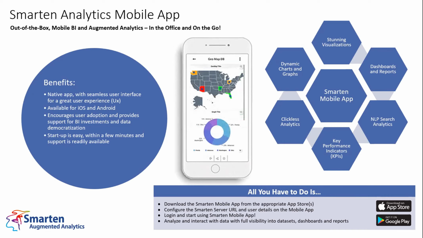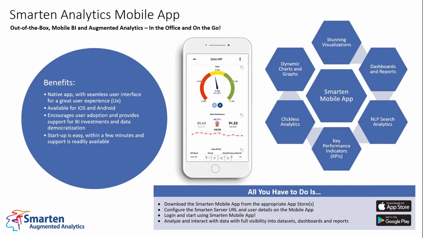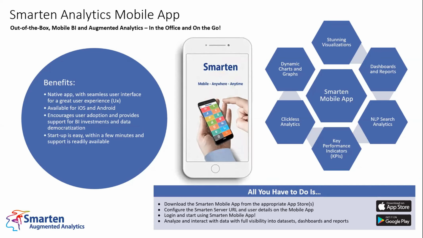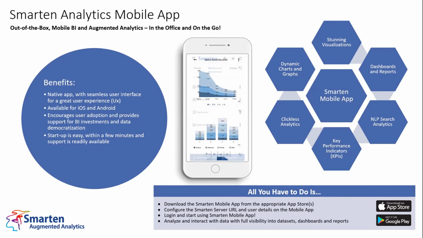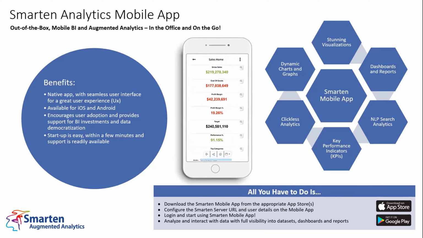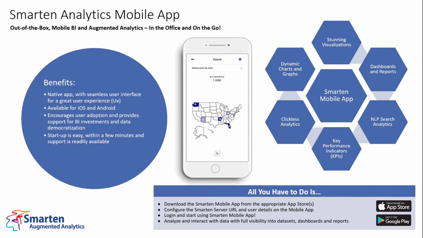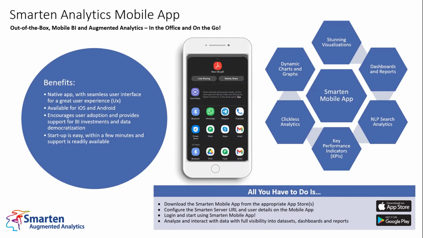What this mobile app offers is typically, as you know, the Smarten platform administrator gives access rights to users, and then dashboards, reports, print reports, NLP search or data sets. All those access rights are configured by administration to different users based on their roles.